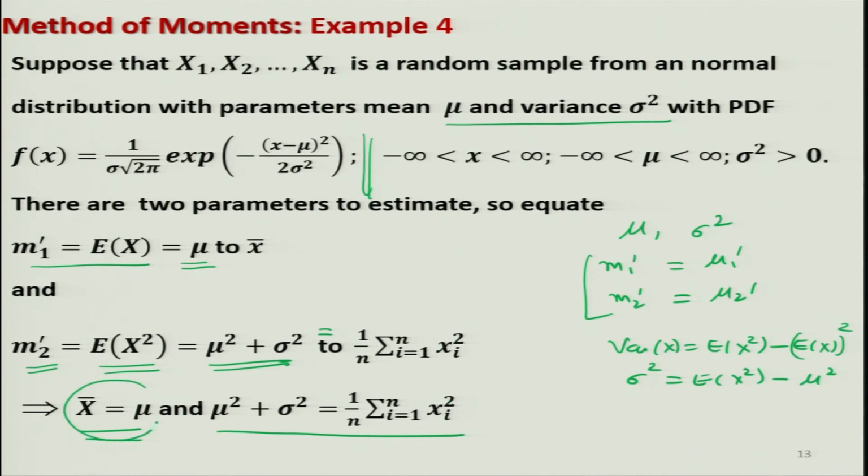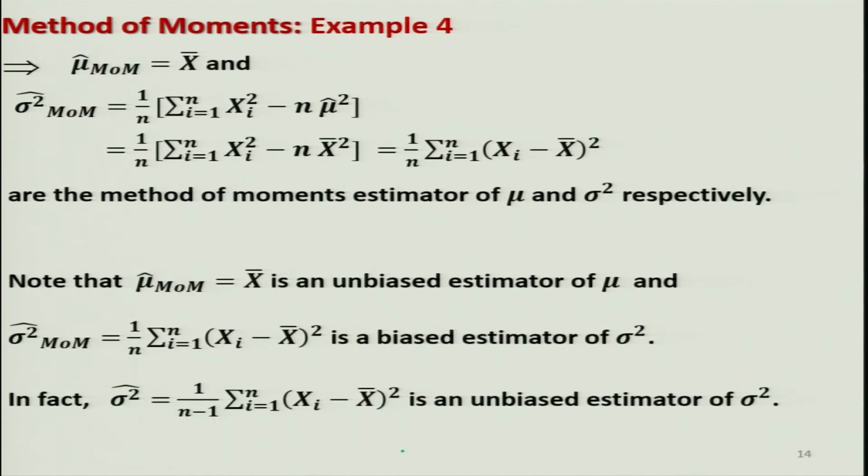Now, if you try to solve this, it gives you directly that mu hat is equal to x bar, and if you substitute this value over here, you can obtain the estimate of sigma square like this, right. So, here the method of moments estimator for mu is the sample mean, and for the variance, you can write the same thing, 1 upon n summation i goes from 1 to n of xi square minus, instead of mu, you replace mu by mu hat.